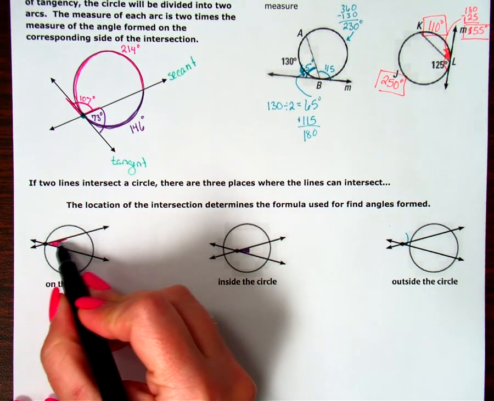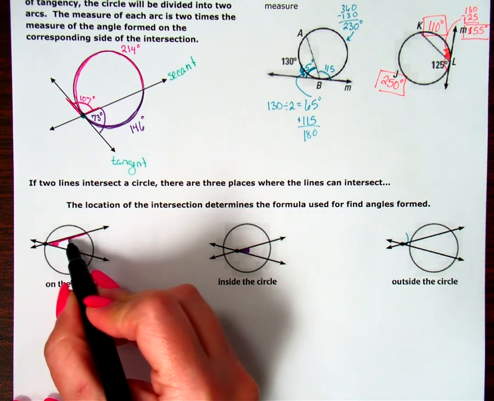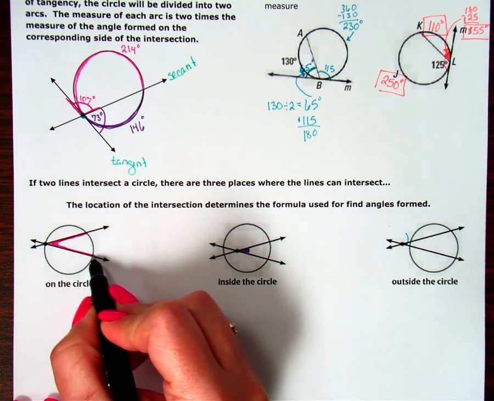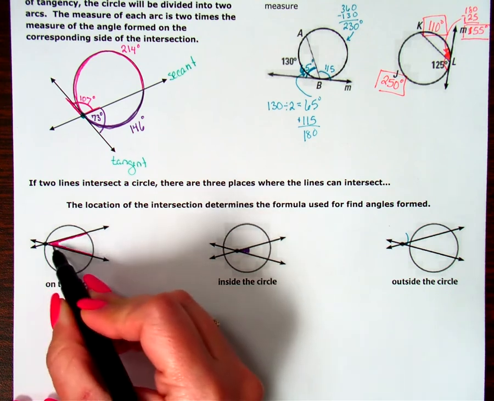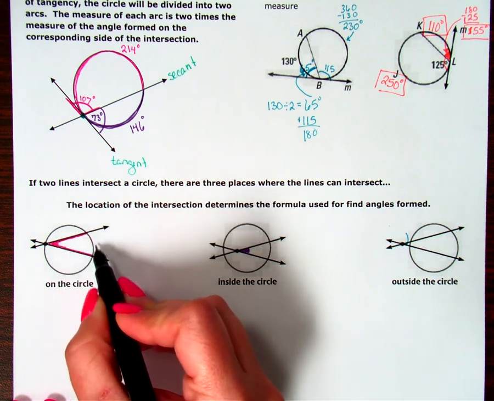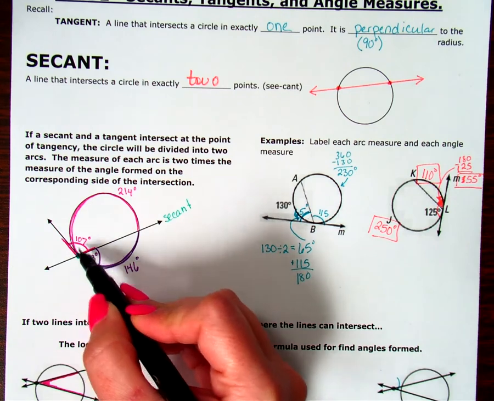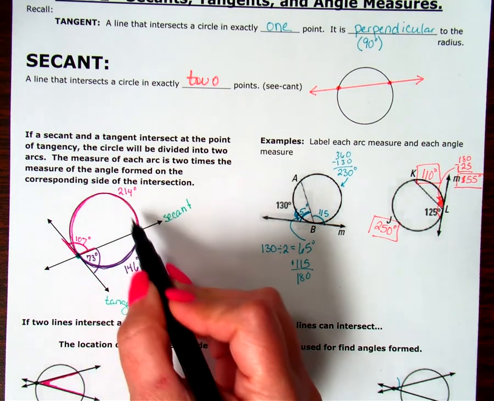When it's on the circle, we've already seen what we do, because we know that this right here that I'm highlighting, if I stop it where I intercept the circle, and I come out here and I stop it where I intercept the circle, we've already looked at this inscribed angle, and we already know that the angle is 1/2 this arc measure, right? Same thing up here when we're on the circle. This angle is half the arc.